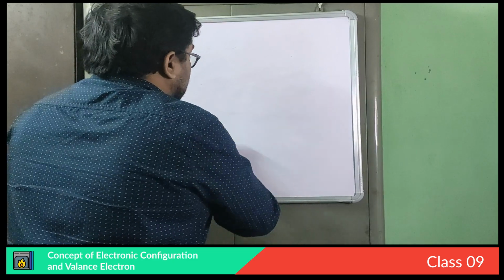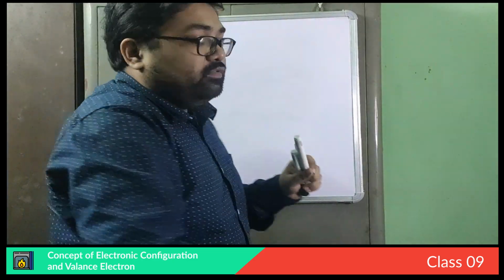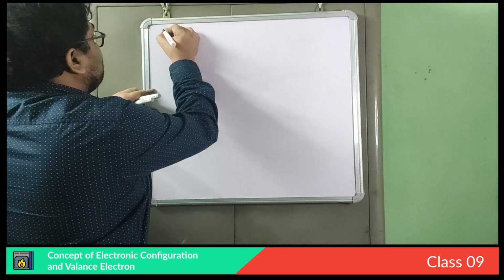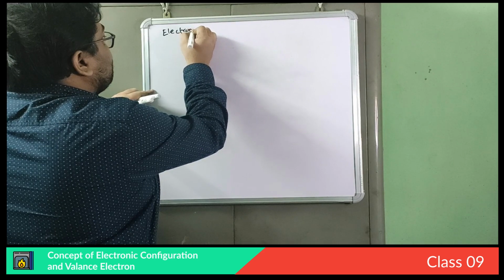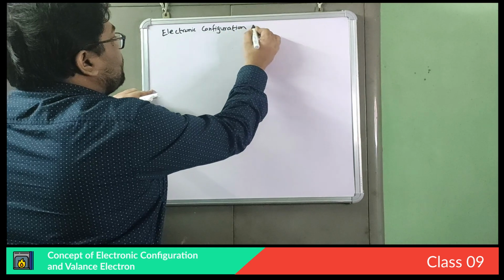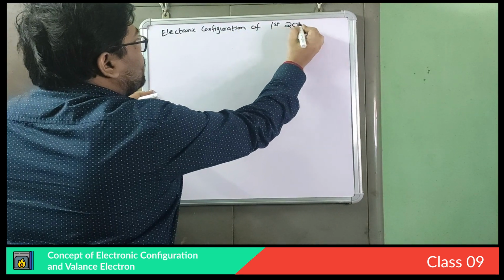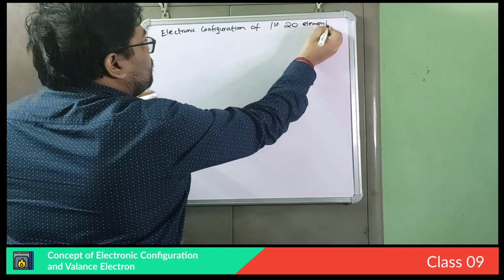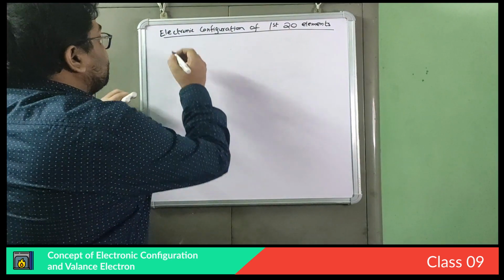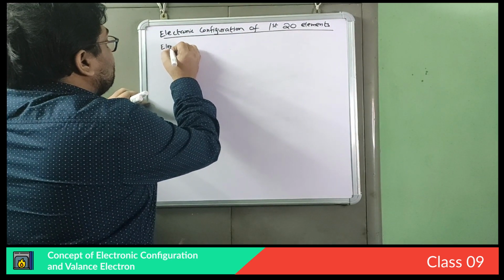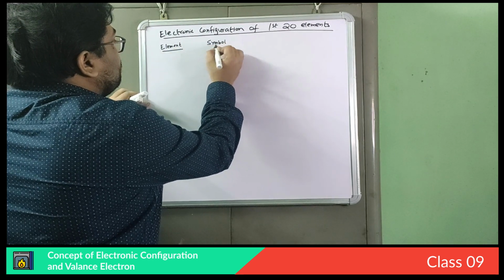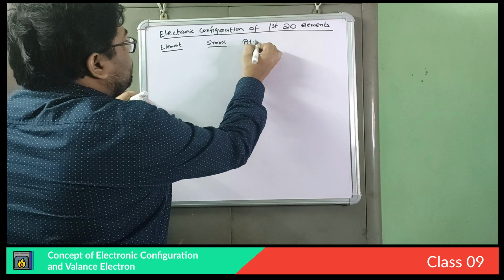Now you have to make a table, which I am preparing for you. You have to know the electronic configurations of the first 20 elements, right? So I am making a table: element, symbol, atomic number.